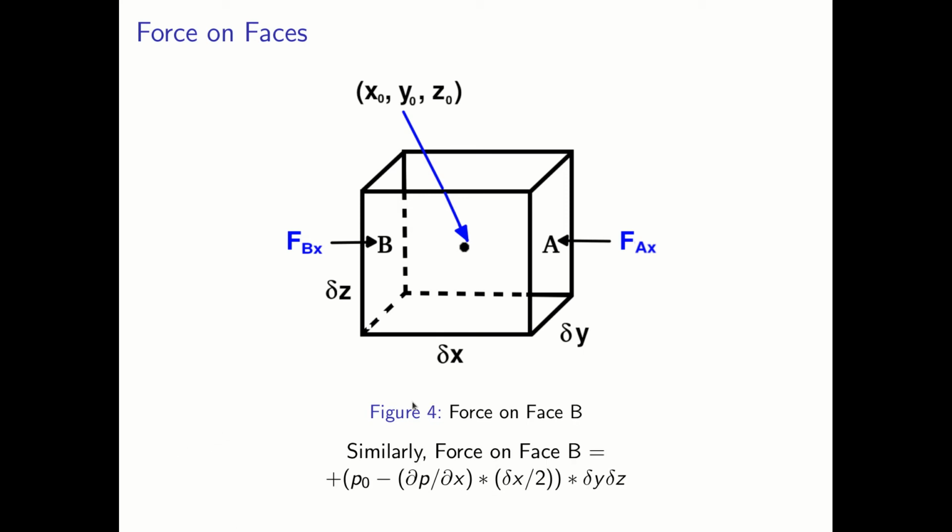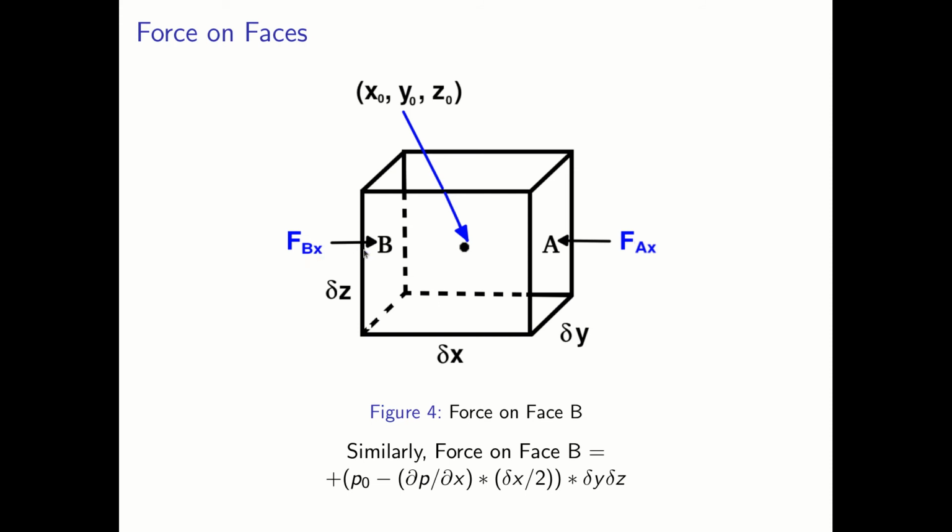And similarly, we can calculate the force at face B. Note that there will be two differences. One, that we'll subtract delta x by 2 from x0. So you'll have minus of delta x by 2 multiplied with the pressure gradient, and the force is in the direction of pressure gradient.